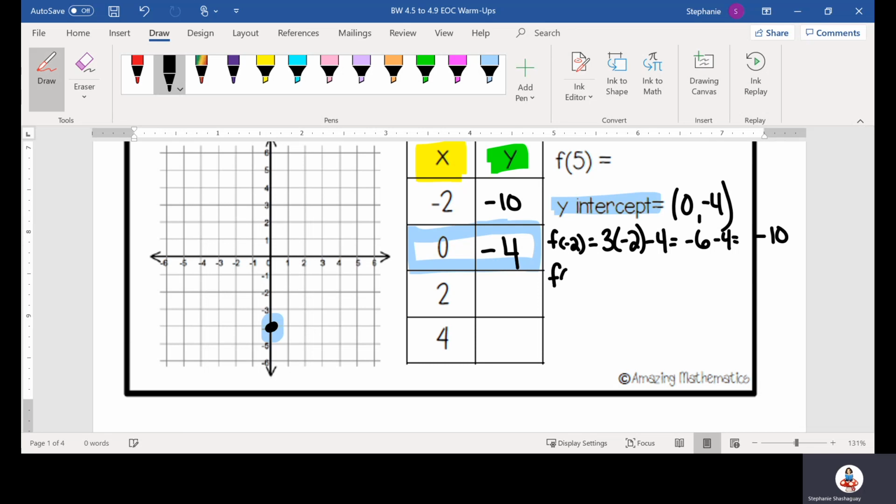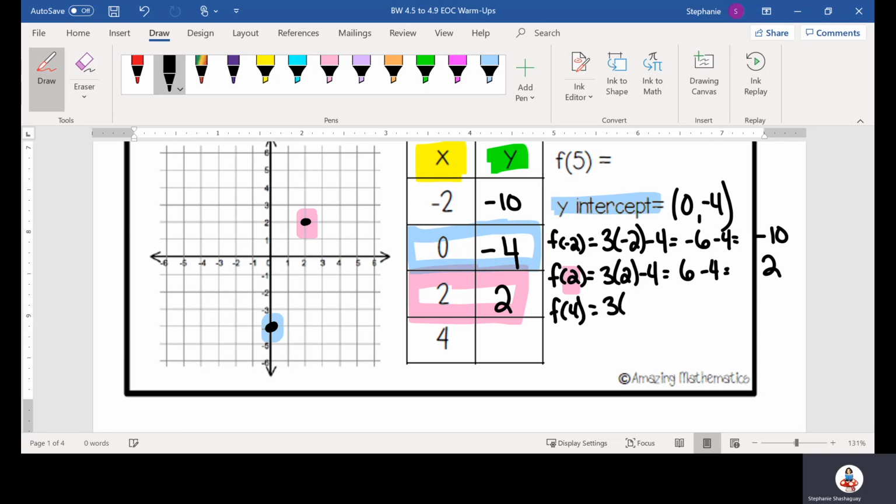When I do f of 2, I'm going to do 3 times 2 minus 4, which is going to be 6 minus 4. 6 minus 4 is 2. So when my x is 2, my y is 2. And I'll make that its own color. There we go.